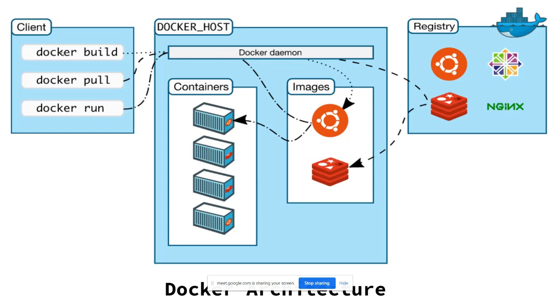You can pull the images from the registry to your client and run those images. Basically, you are running those containers on your client machine, and whatever containers are running are shown in the Docker host part.